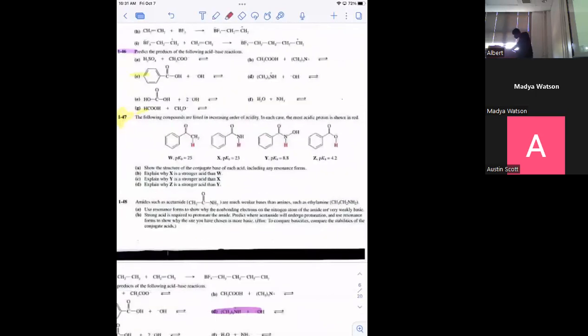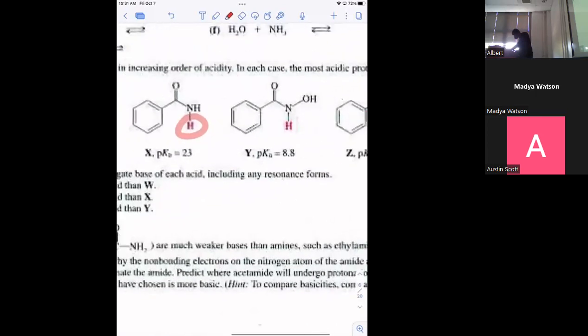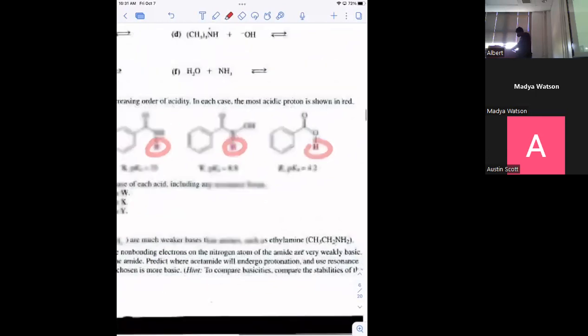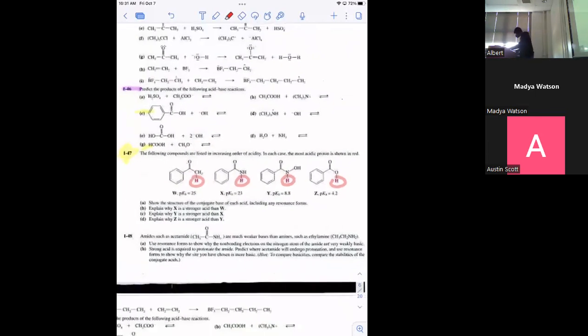So you can see that they're giving us the proton to think about as far as acidity is concerned. Those are the protons that are given to us. And we're going to cut this out, put it on another page so we can zoom in.